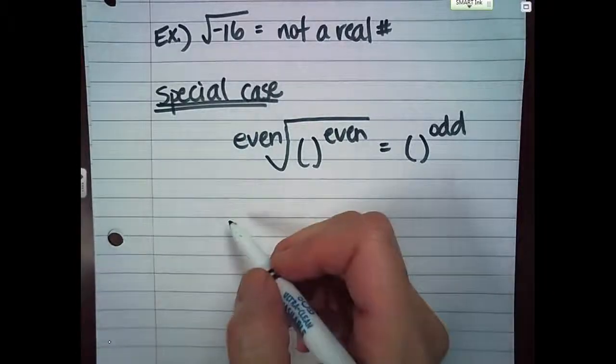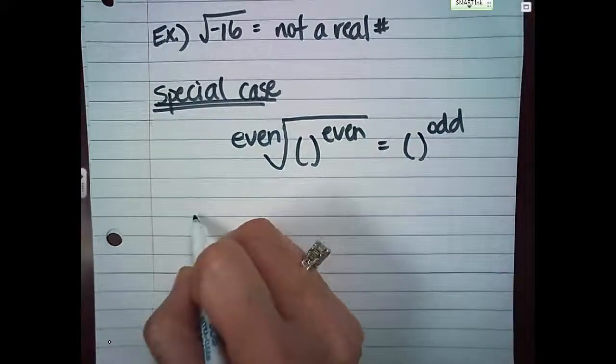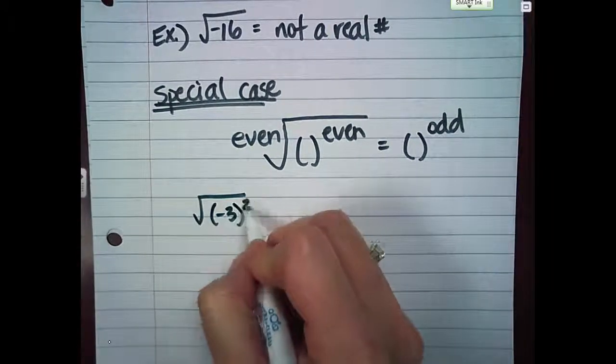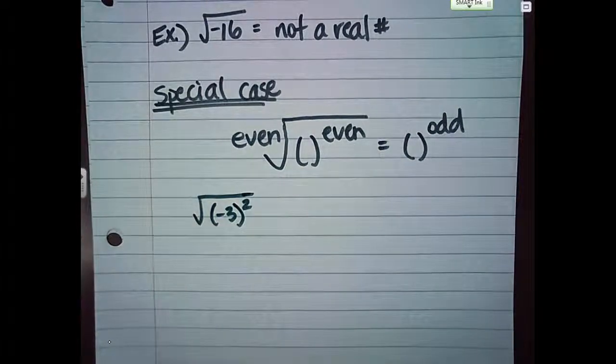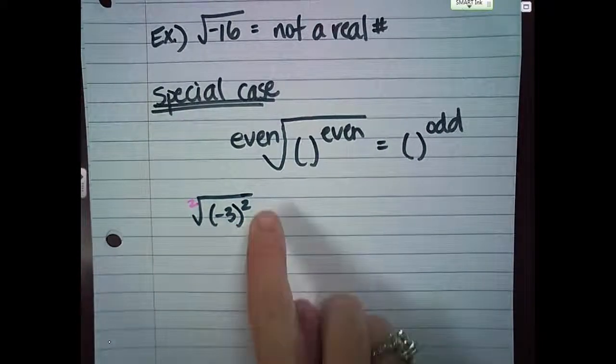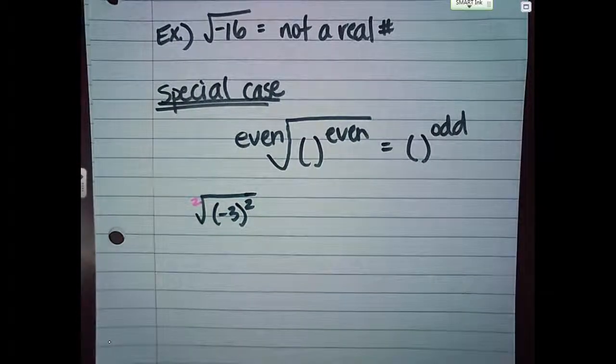Now, let me start by explaining. If I ask for the square root of negative 3 squared, remember there's an imaginary 2 here, what do you automatically think the answer would be? You divide 2 by 2, right? What does it look like the answer would be? Right, it looks like negative 3, and that's the pitfall that kids make all the time.